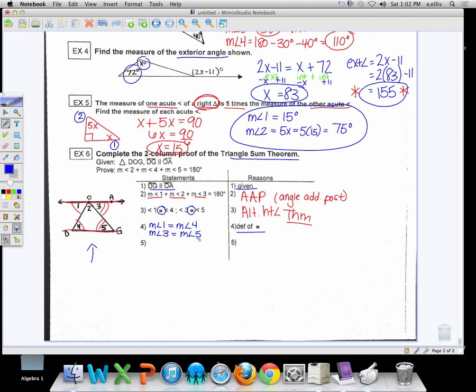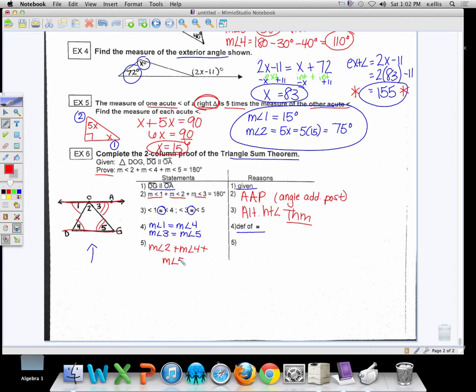So I'm going to say the measure of angle 1 equals the measure of angle 4. And the measure of angle 3 equals the measure of angle 5. Okay. Congruent is talking more about the angles themselves. Equals is more the measurements. So that's why I put M's in front.